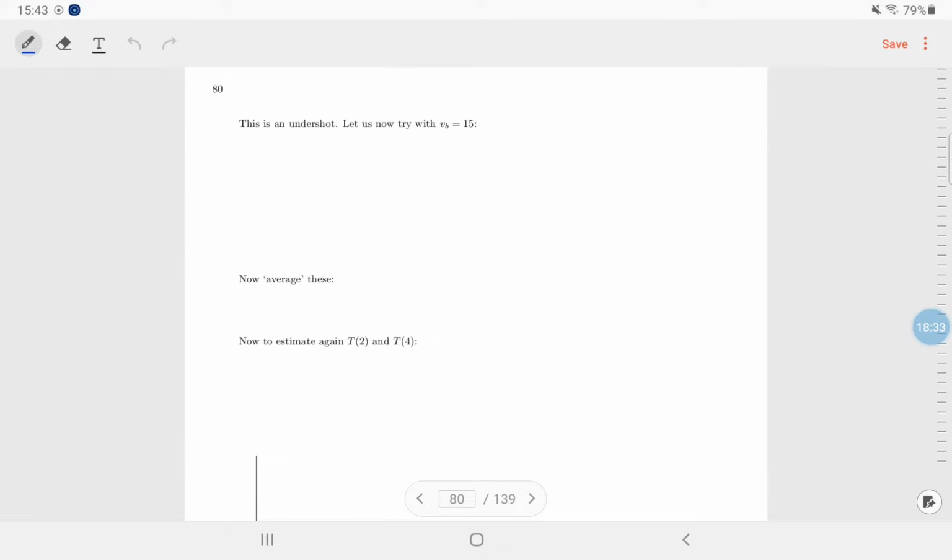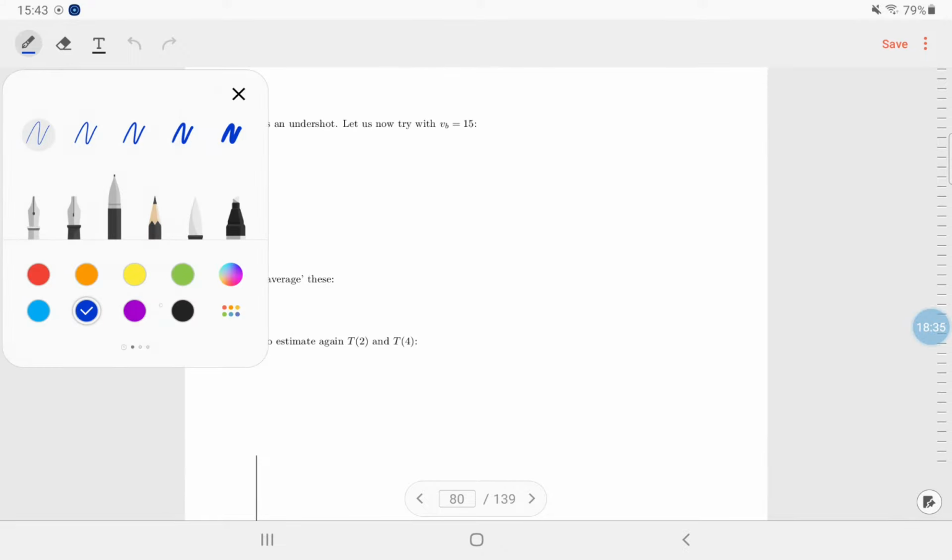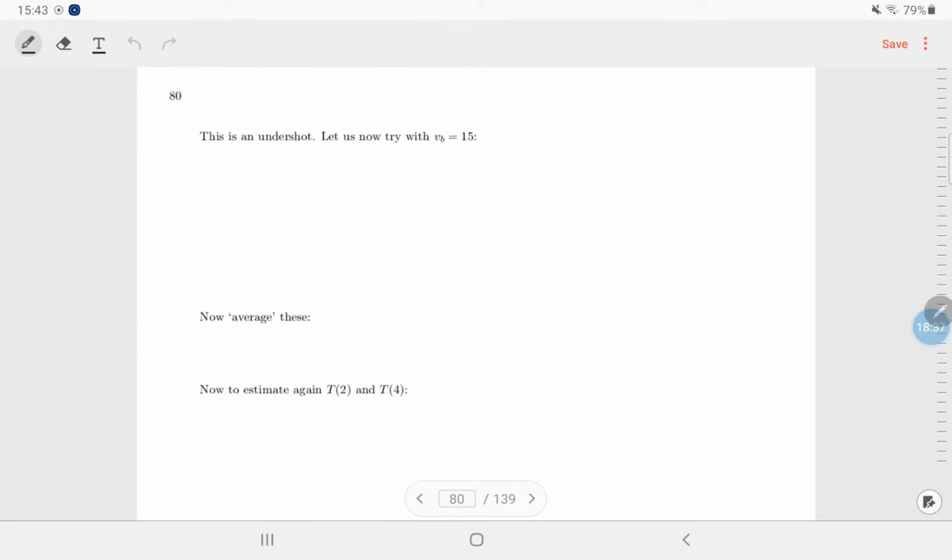So this is an undershot, so we're going to try with 15 now. Same kind of notation. So we're going back to the start: x equal to 0, t equal to 10, and v equal to 15, and the same differential equations. Let's just slow down here, just in case people are a little bit lost.